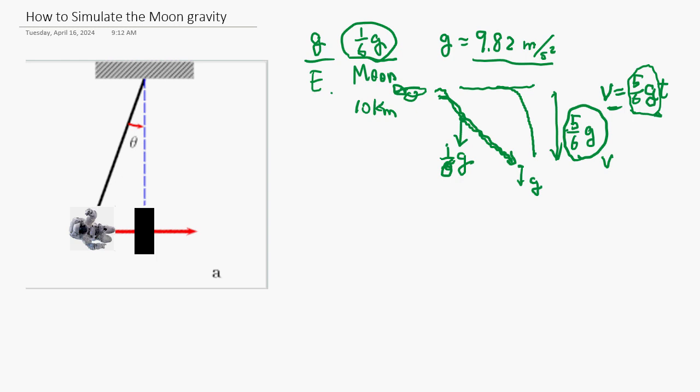What we do is we hang this astronaut from the ceiling, right, and give an angle theta. So this gravity g we split into 5/6 g and 1/6 g.